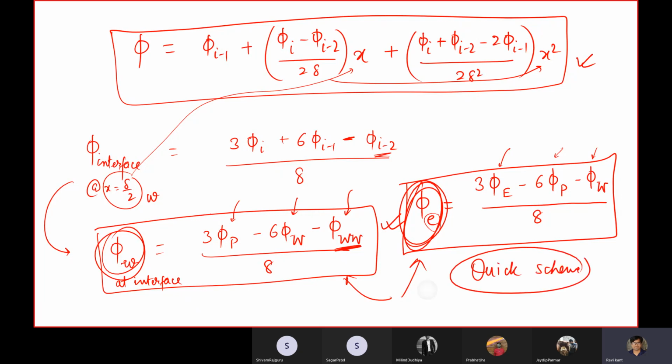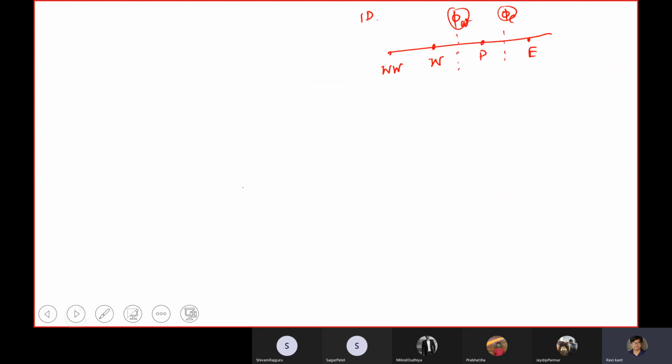And now we also know that this is not over predicting things, because it is taking advantage of two neighboring nodes at least. This is a better scheme over the upwind scheme.